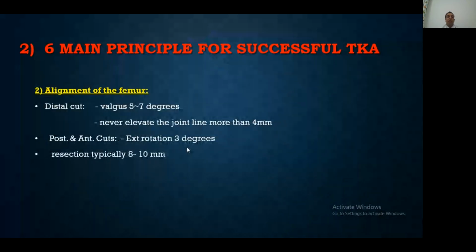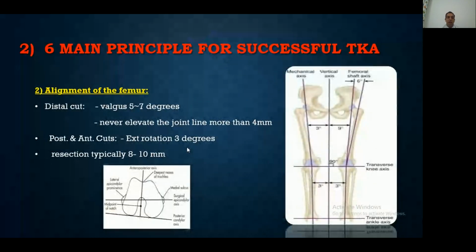The second principle is alignment of the femur. You know, the two condyles of the femur posteriorly are not in the same line. If you look at this picture on the lower left side, the medial condyle is more prominent than the lateral condyle. So we have to do the distal cut.